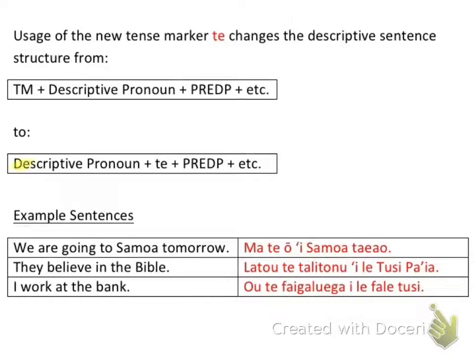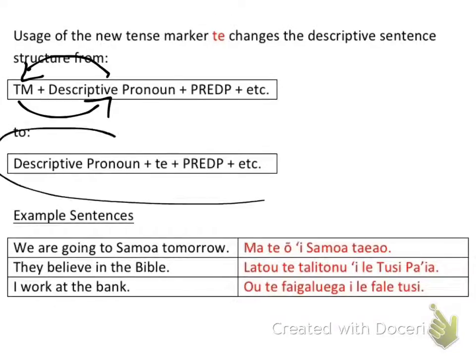It changes to the descriptive pronoun going first, then te, and then the predicate phrase, etc. Basically I'm just switching the tense marker to this slot, and the descriptive pronoun goes first, and that becomes this. So it's not a huge switch. You don't have to worry too much. It's just a very small change. It's not something that you have to memorize or put a lot of effort into remembering.